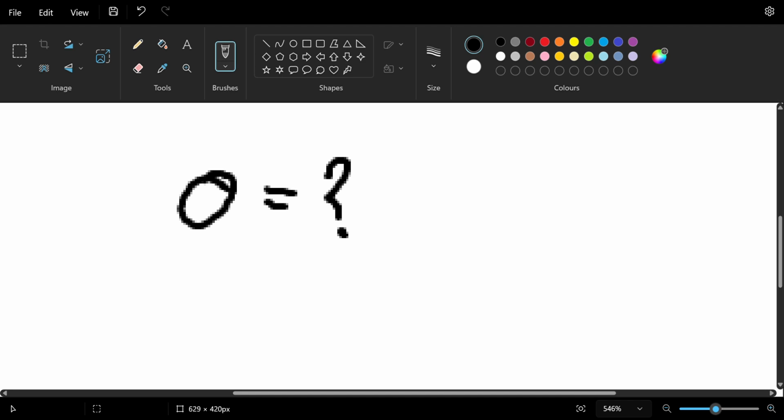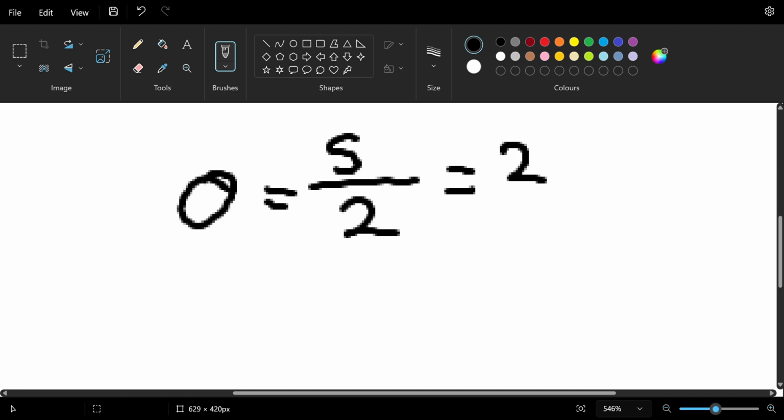What would be its cost? We can simply say that 1 ball's cost would be 5 divided by 2. And 5 divided by 2, you can write in decimal notation too. It's just 2.5 dollars.